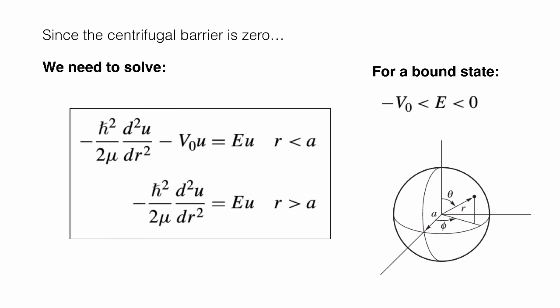Now, we already know that we have a finite potential. This is what V naught is. So if we have a finite potential, that means we will have to connect the solution of those two equations at the boundary, but we will also have to connect the derivative.